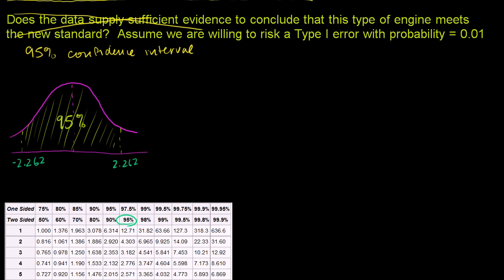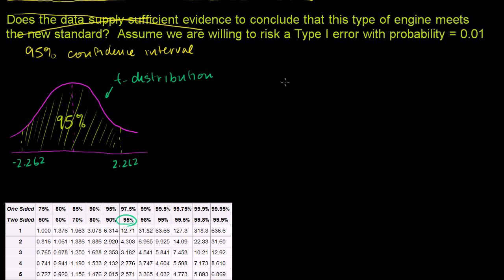So that is our t distribution right there. Let me make it very clear. This is our t distribution. So if you randomly pick a t value from this t distribution, it has a 95% chance of being within this far from the mean. Or maybe we should write it this way.